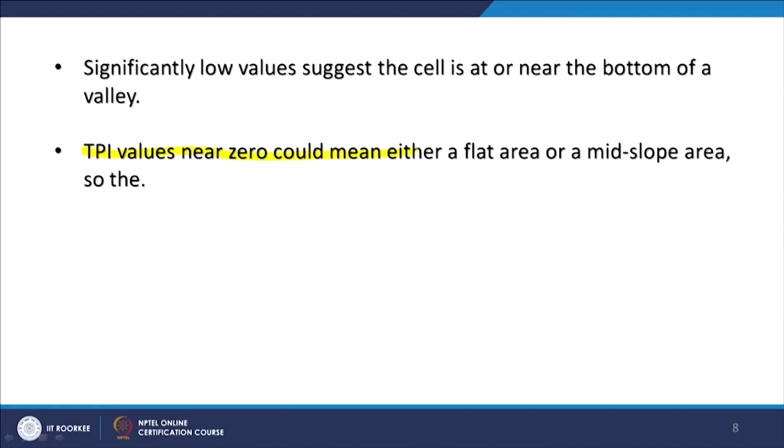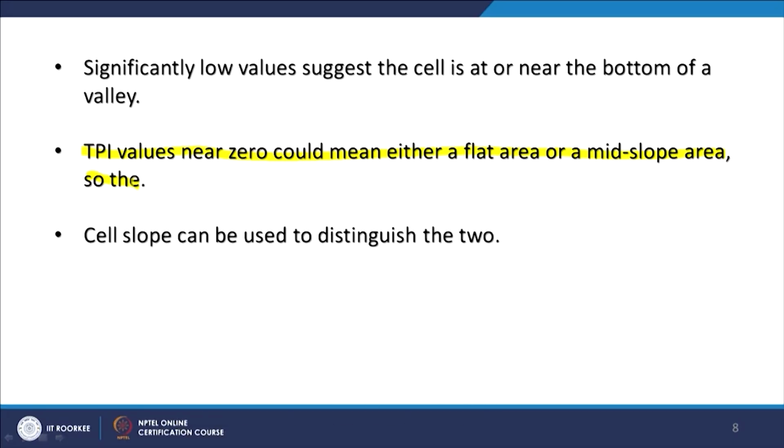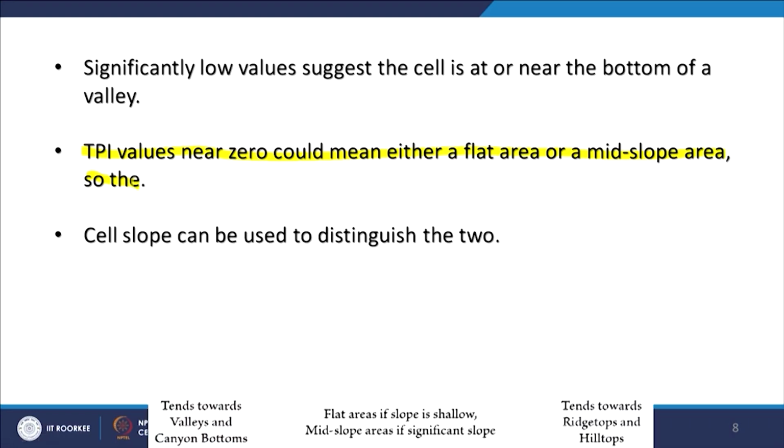Now, a single cell value will not decide all these different landforms, like mid slope, top or valley bottom. A few more cells have to be there in the surrounding, and once that is there, then these categories can be decided. So, TPI values near 0 would mean either a flat or mid slope area, because the top of a hill can also be flat. The cell slope can be used to distinguish the two.